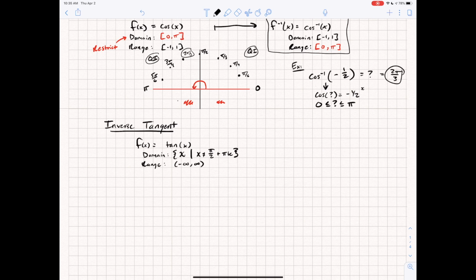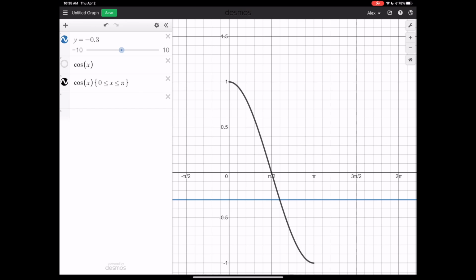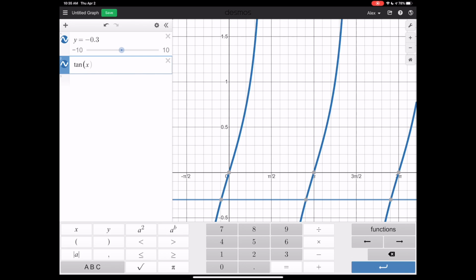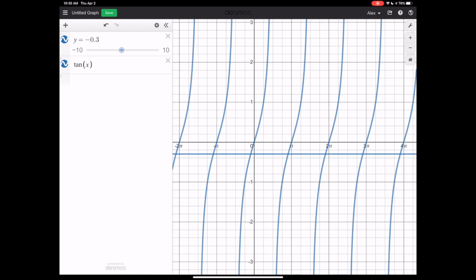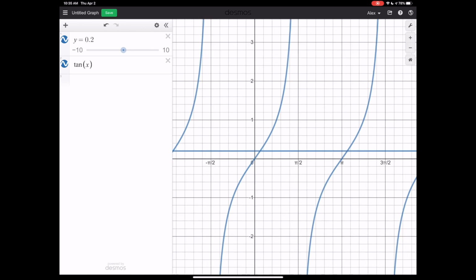So when I look at the graph for tangent and I want to do its inverse, let's go through and type this in here. So tangent of x. When I zoom out here, notice that for this to pass the horizontal line test, I would only need to take one of these bands. The one band that I'm going to use would be the one centered around 0.